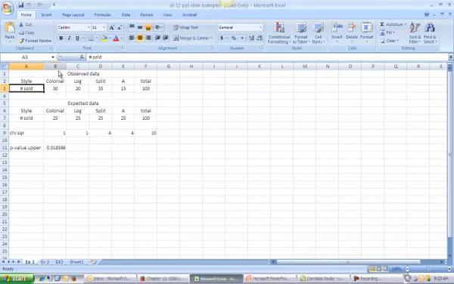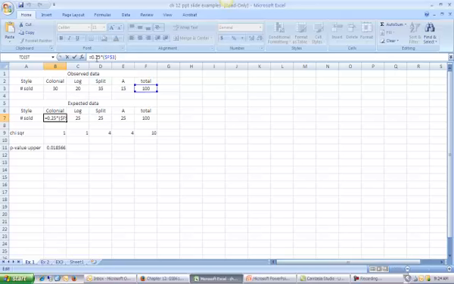So here I have my observed data in the top. Observed data, 30 colonial, 20 log, 35 split, 15 A-frame for a total of 100. Since each of my probabilities is 25%, I will take the total, and I'll expect 25% will be colonial, 25% will be log, 25% will be split, 25% will be A-frame.